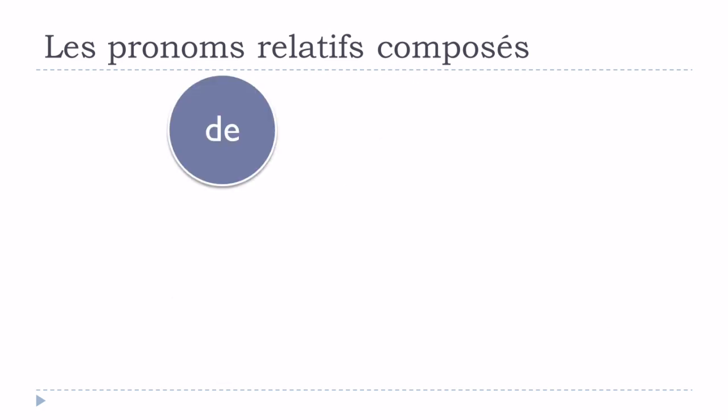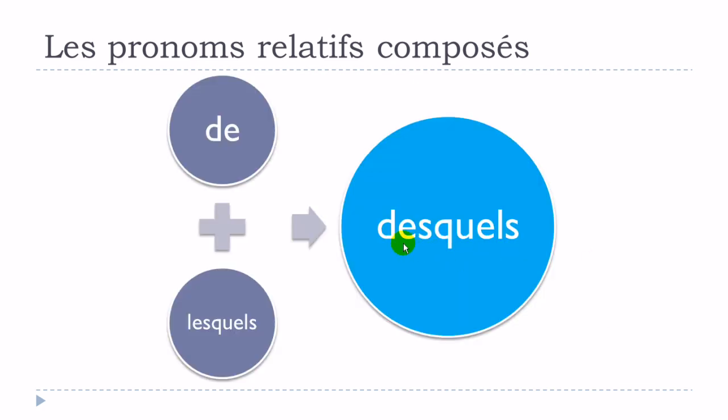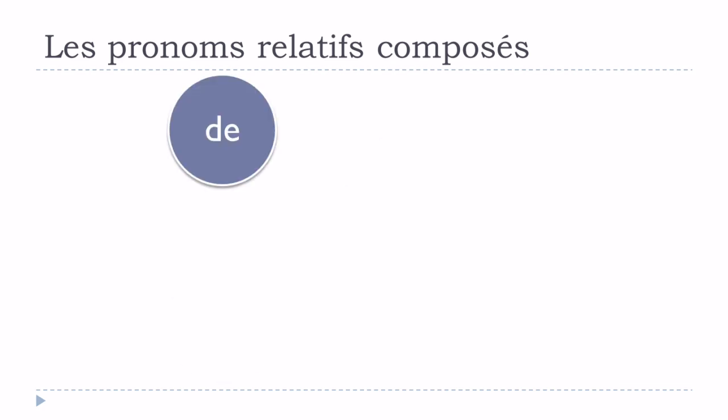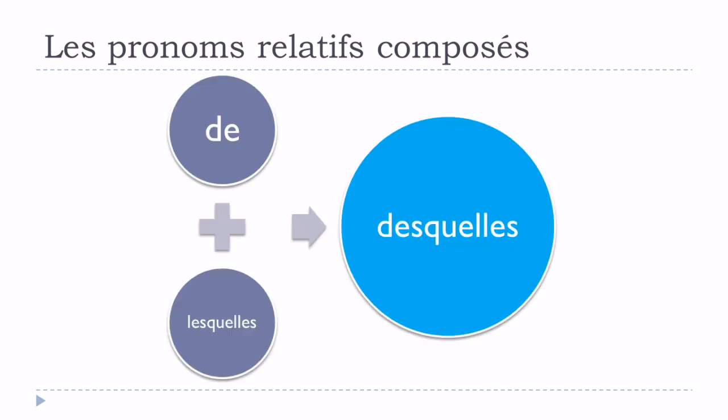But then of course for the plural, it will become desquelles, and same thing for the feminine plural, it will become desquelles, exactly the same situation. Phonetically it's the same as the masculine plural, but you write it differently because you get this double L-E-S.